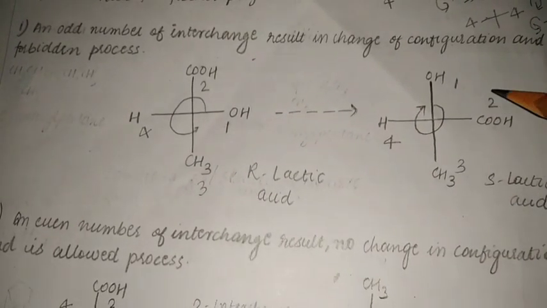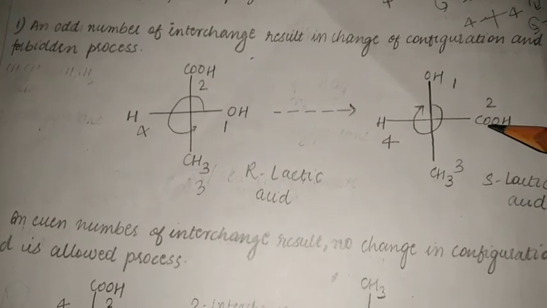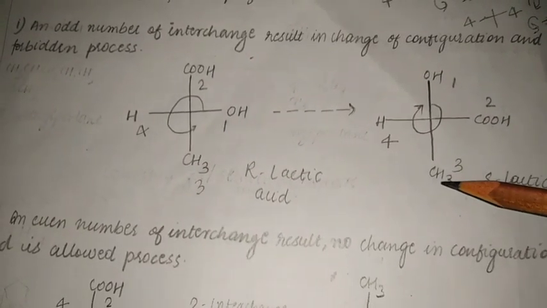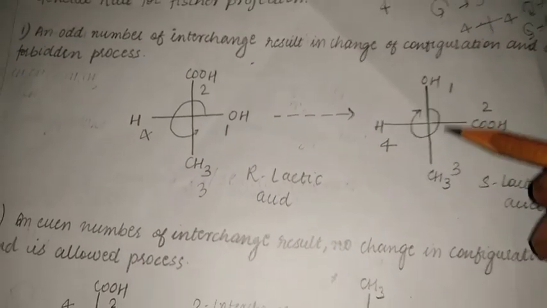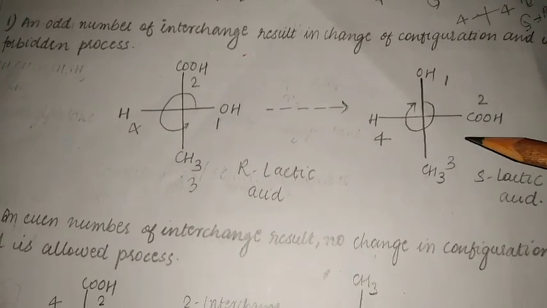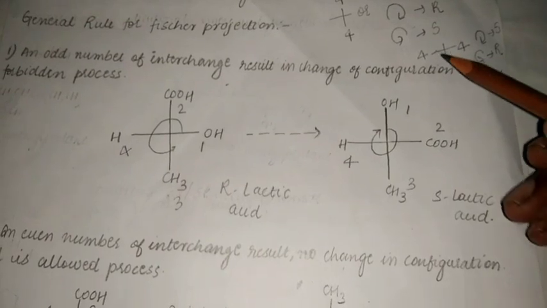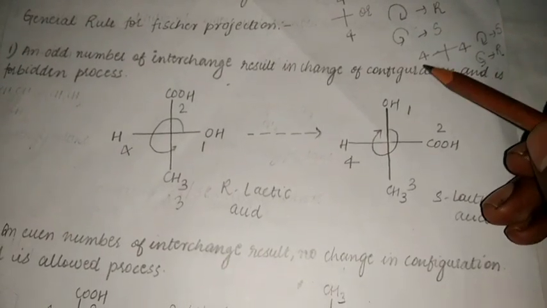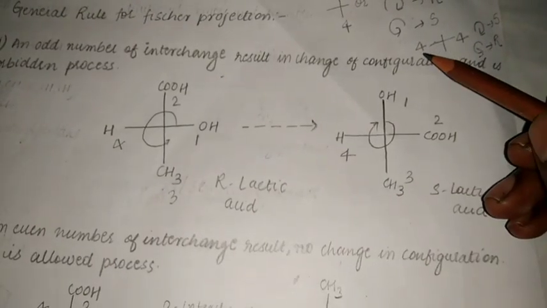We will consider 1 the OH group, 2 the C double bond OH, and 3 the methyl group, and we can see the numbering going 1, 2, 3. It is going clockwise. So according to the golden rule, it will become S.